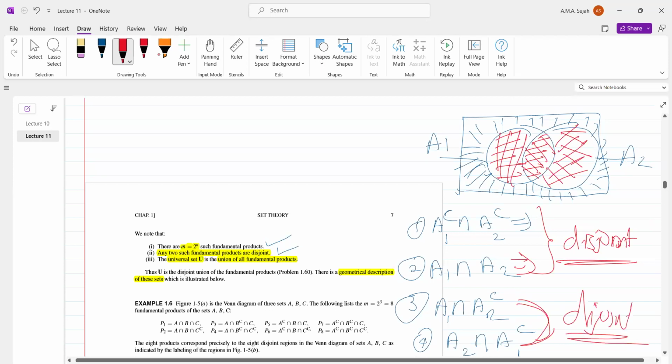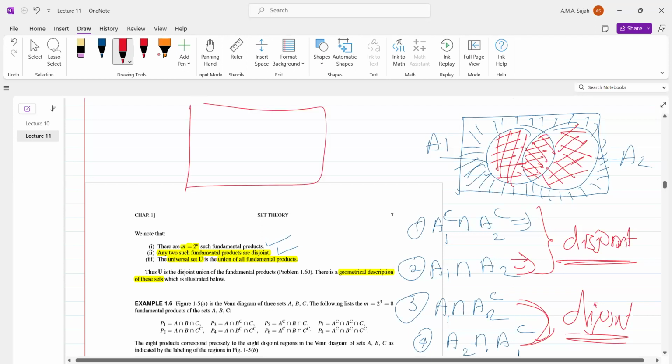So from the product of sets, each and every portion is internally disjoint from the others. There is no common element.